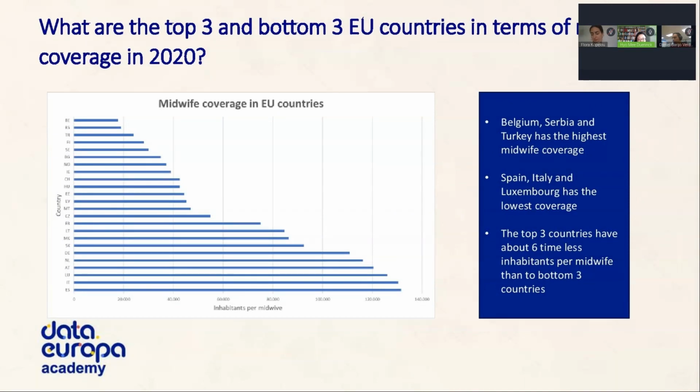So could it be that the quality of midwife services is better in Belgium because they have more coverage, or maybe the bottom countries just have a more efficient system? These are interesting questions that lead to further research.